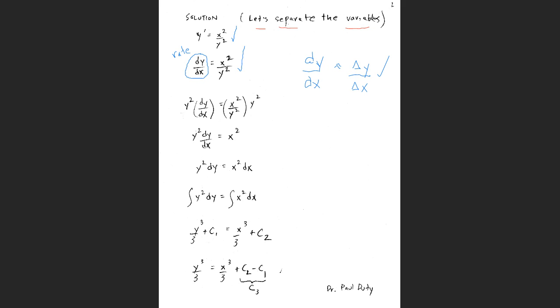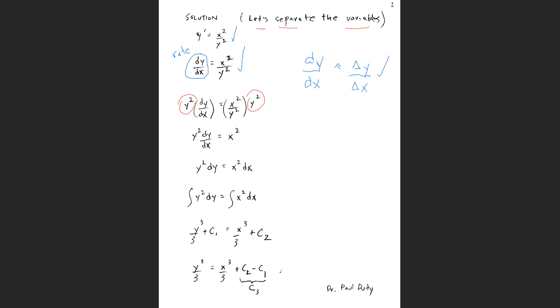And so what I can do is try to get the x variables on one side of the equation and the y variables on the other side of the equation. That's called separating the variables. So what I do in this next step is multiply the differential equation by y squared on both sides.